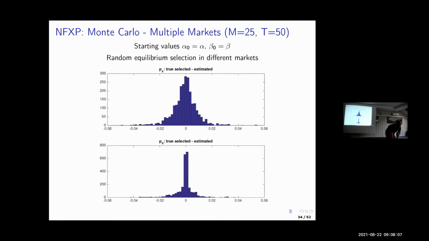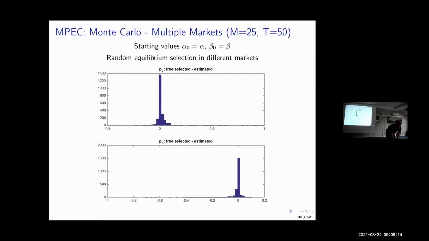So here's NFXP. This is pretty good. Here's NFXP, MPEC. So where's the problematic one? I guess the main message here is that these are how much the choice probabilities are varying in the case where you have only 50 observations for each market.